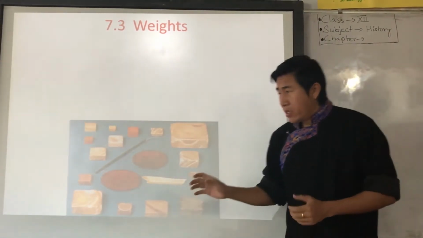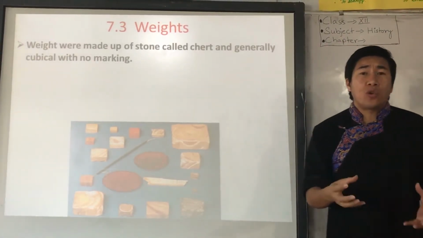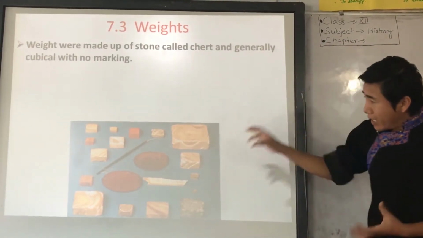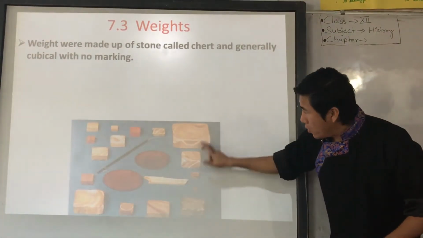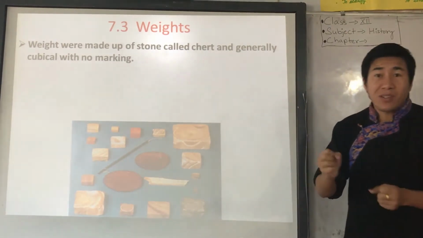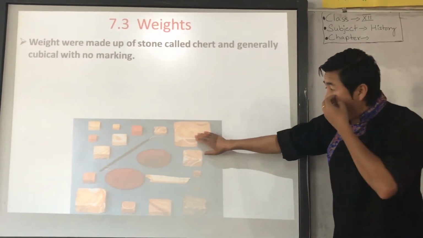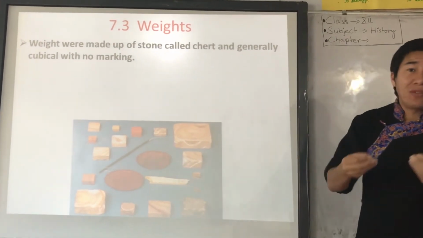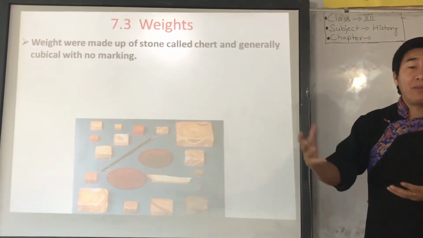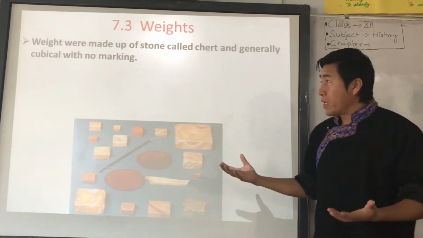Now, first, the weights are made of a stone called chert, and these weights are cubic in shape with no marking on them. See, no marking, but different cubes have different values. Maybe the Harappan people knew about it.